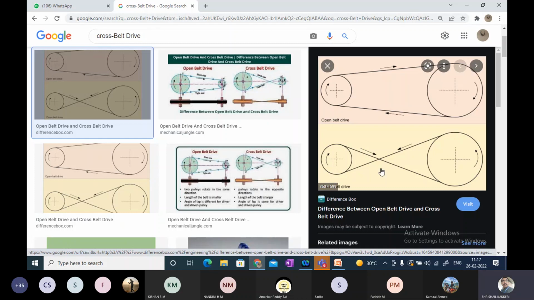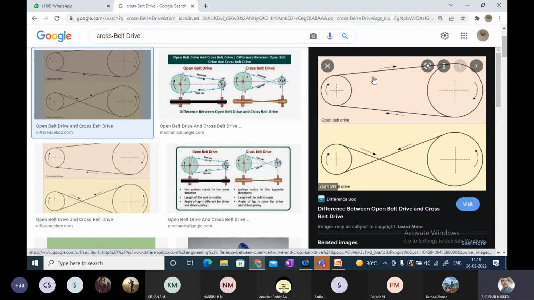This is due to three important reasons. One reason is that whenever the speed is very high and the maximum torque has to be transmitted, you go for cross belt drives. Due to the cross, the contact between the belt and the pulleys is increased.